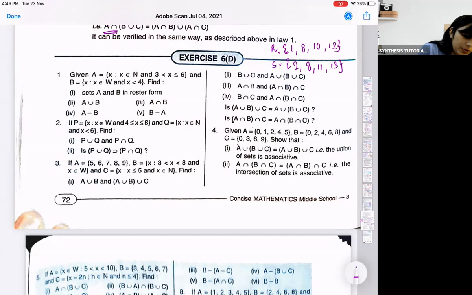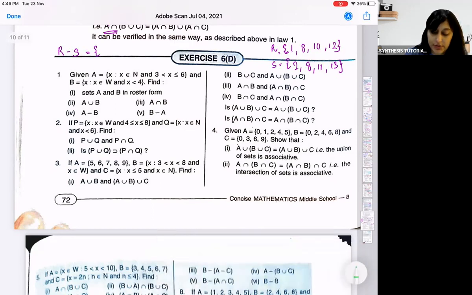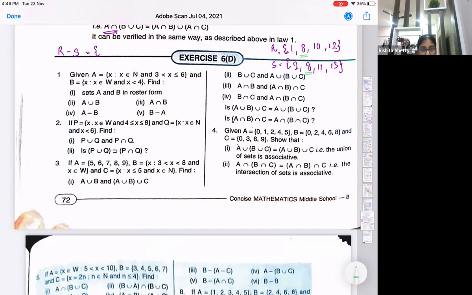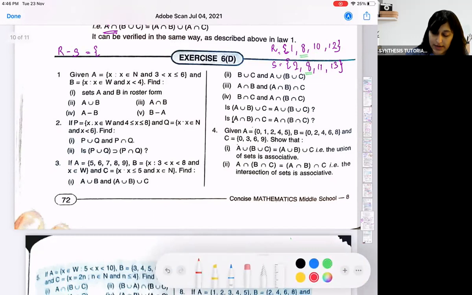Okay, cool. So now if I want to do R minus S, Rishita, मैं R के वही elements, मतलब R में से S के जो elements है ना, वो निकाल दूंगी. So what is the element in S which is there in R? 8. So I will not write the element 8. Are you understanding? Yes.